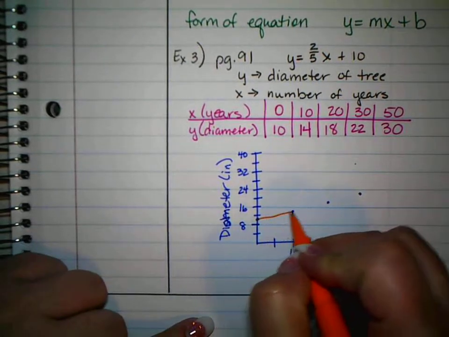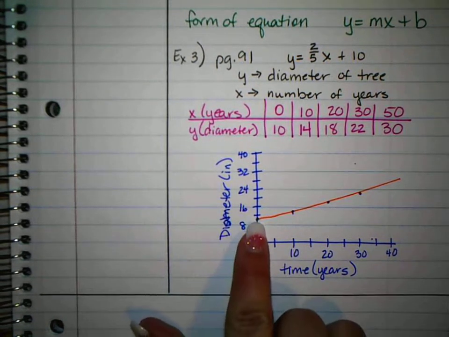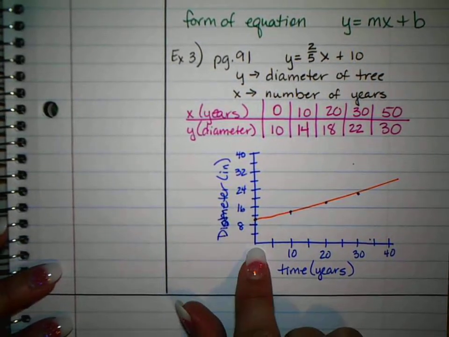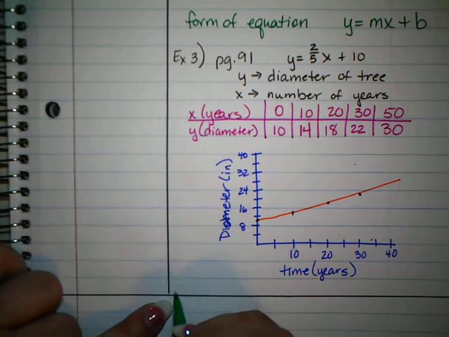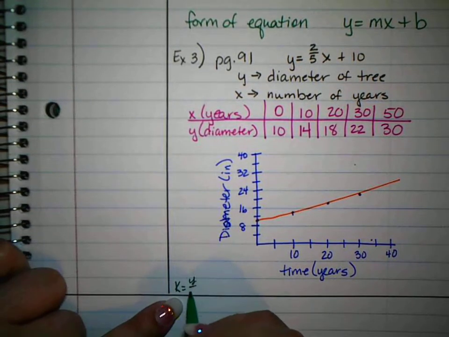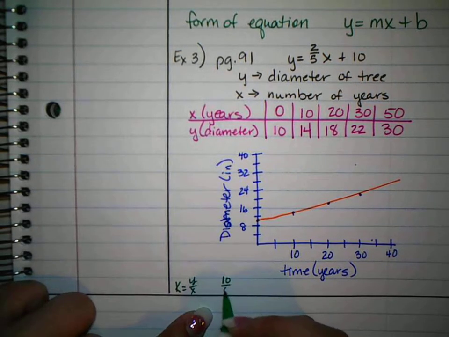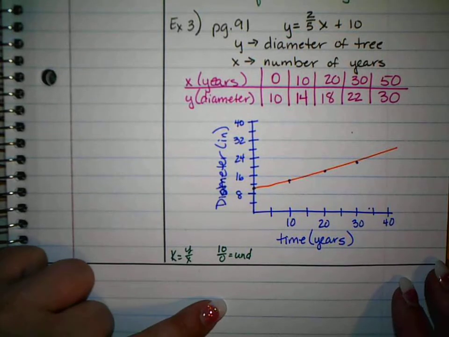And these look to be in a line. So it's linear. Again, it's not going to be proportional because it doesn't go through (0, 0). Another way, remember, to figure out proportional is to do your k = y/x. And we can do that by doing 10 over 0, which is actually undefined. We cannot divide by 0.